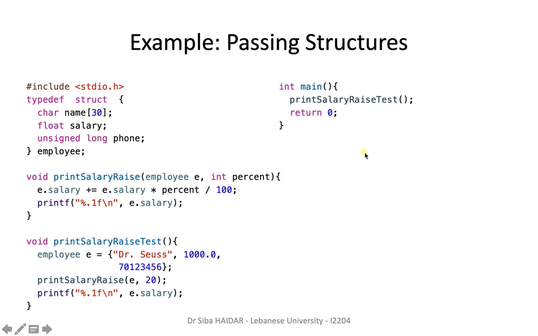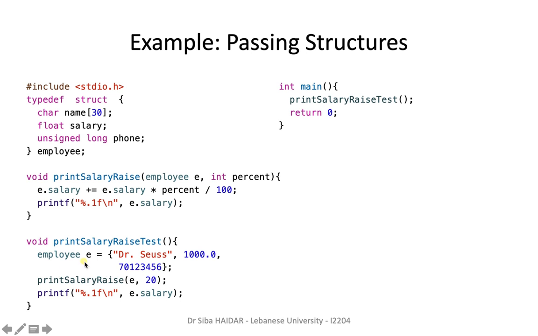In this example, I have main that calls printSalaryRaise test, which calls printSalaryRaise. And here is the passing of the parameter of type employee between printSalaryRaise test and printSalaryRaise. I am declaring an employee and initializing it by giving a name, a salary, and a phone number.